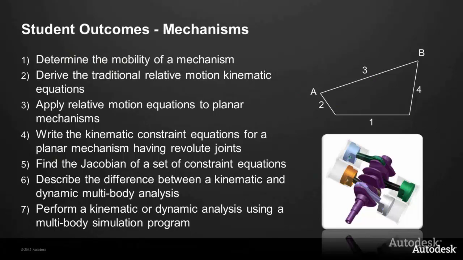The next is to describe the difference between a kinematic and a multi-body dynamic analysis. Kinematic and dynamic analyses are fundamentally different, and it's important for students to understand the distinct difference so that when they're trying to solve a problem, they know which approach to take. And then they have to be able to perform a kinematic or dynamic analysis using a multi-body simulation program. Okay, next slide, please.